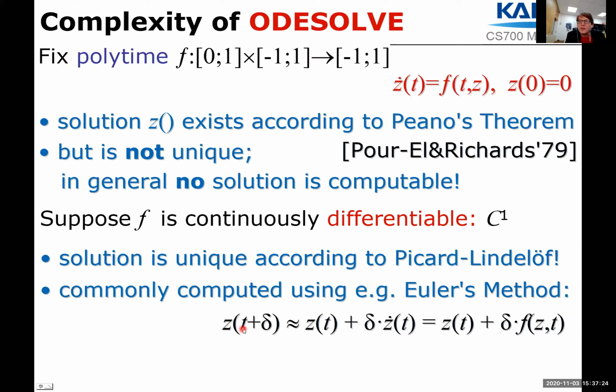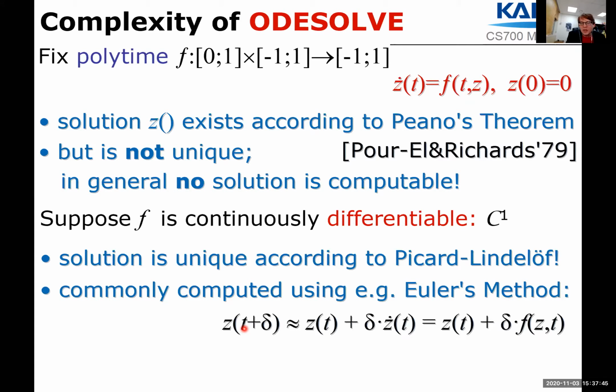So suppose we have already calculated an approximation to the solution at time t, and now we want to calculate the solution at the next time step t plus delta, where delta is a small constant, and how small, this is something we're going to discuss in a minute.